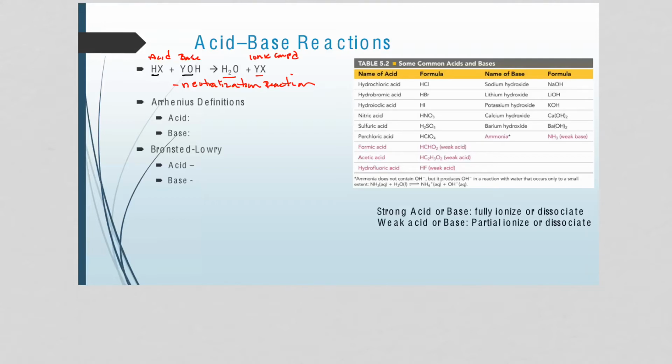And so what they say is that an Arrhenius acid is a substance that produces H plus ions in water.